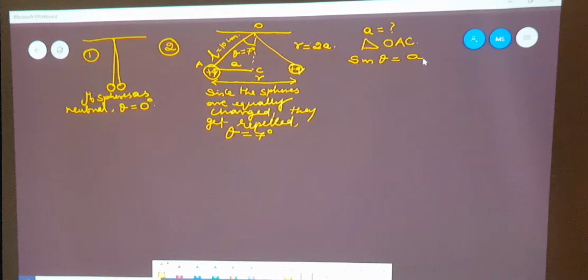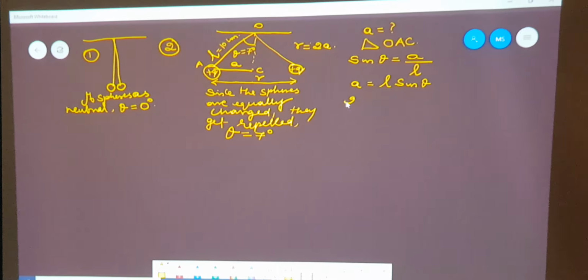Opposite is A divided by hypotenuse L. So I can write sin theta equal to A by L. On simplifying, A equal to L sin theta.